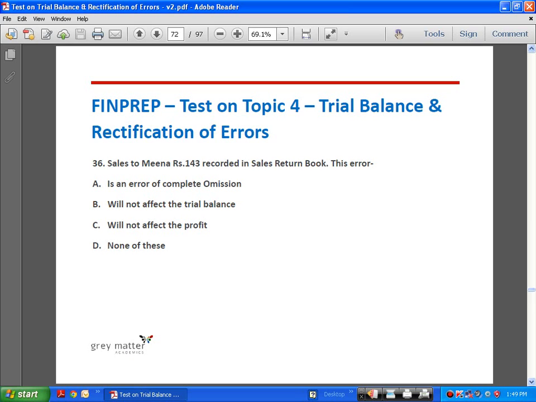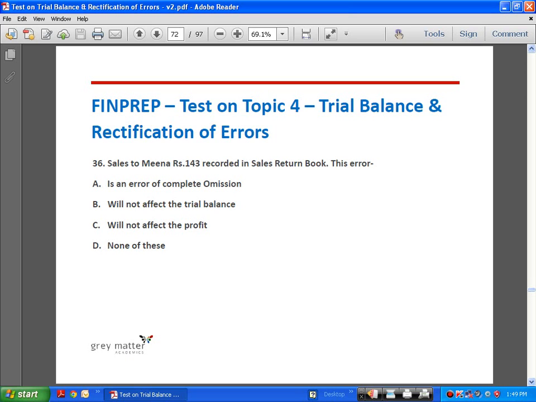Sales to Meena of 143 has been recorded in the sales returns book. Okay, so again, this is an error in the source itself. This is an error in the book of prime entry. The statement is, is this an error of complete omission? It's not an error of complete omission.